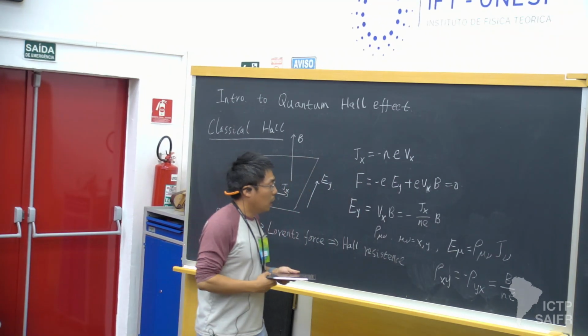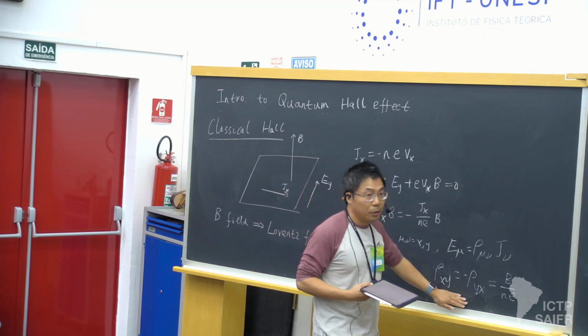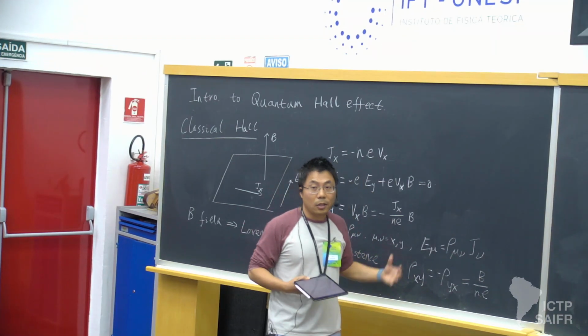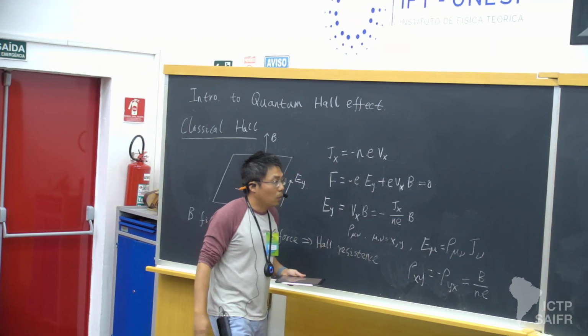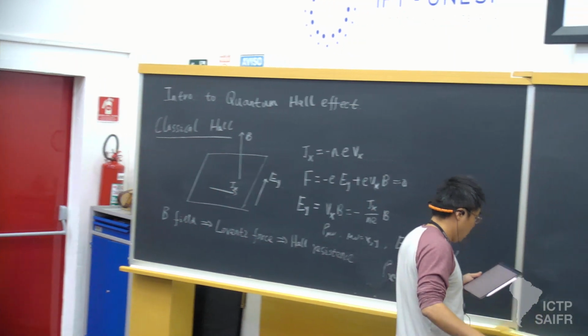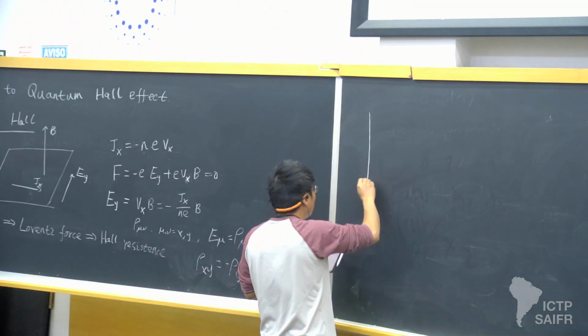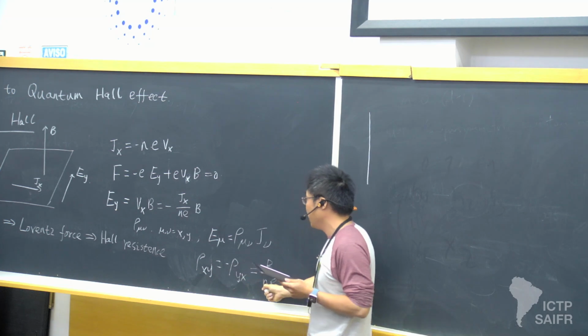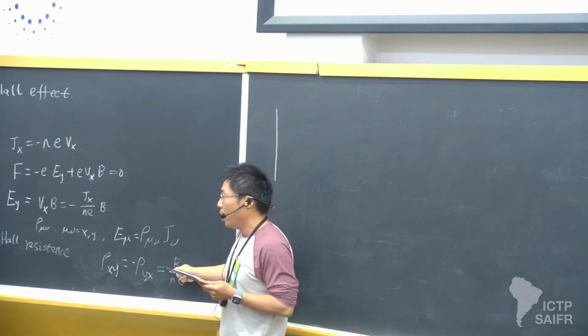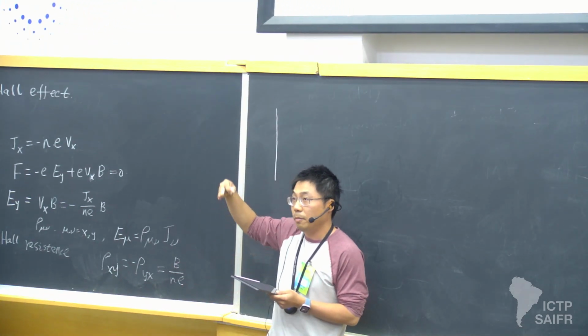That is the Hall resistivity in a classical world, right? So we can draw a plot. The thing you would notice is that the resistivity is proportional to the strength of my magnetic field.